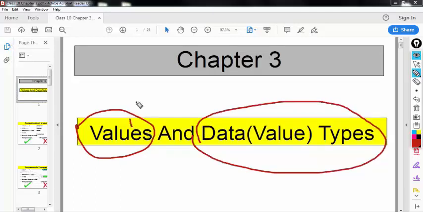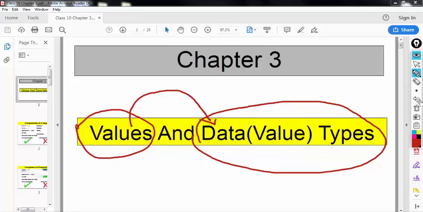So values or data, they are the same thing, okay? A data represents some value. So values and data, both of them are the same thing.